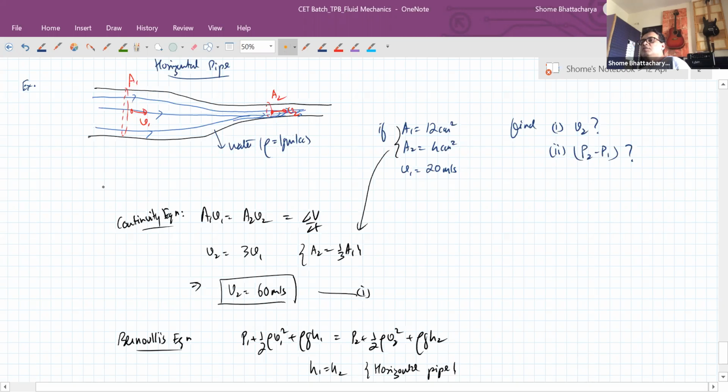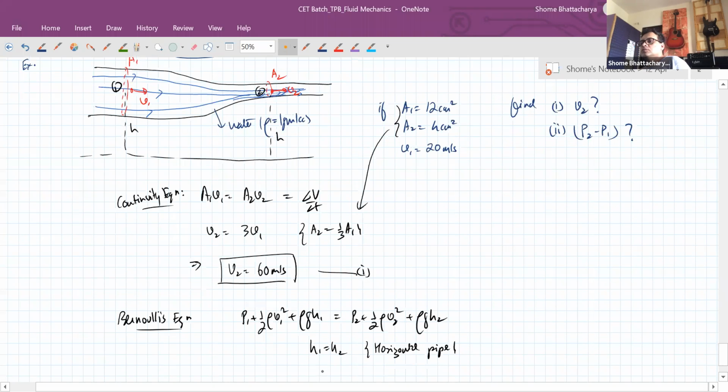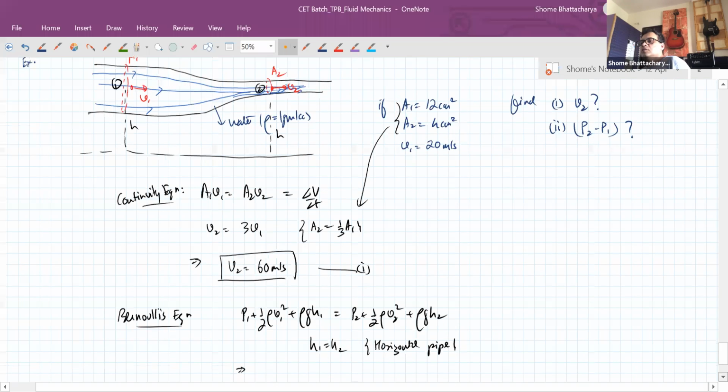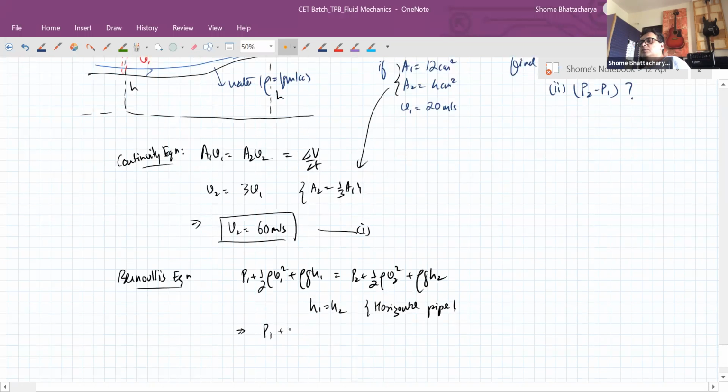So the height level with respect to some reference ground level at both these points 1 and 2, point 1 is here, point 2 is here, they are at the same height with respect to any reference level. So these two terms will cancel out. So next we will notice that P1 plus half rho V1 square is equal to P2 plus half rho V2 square.